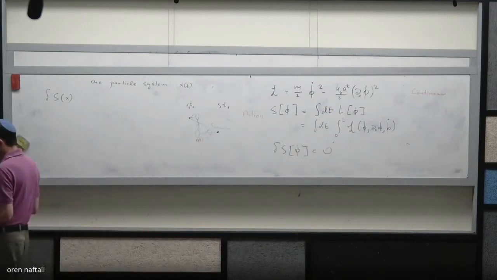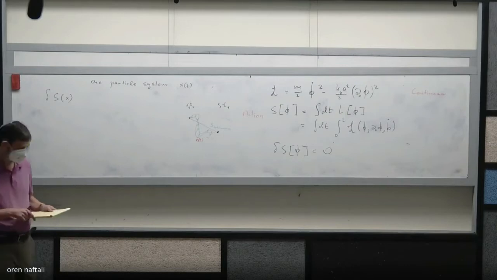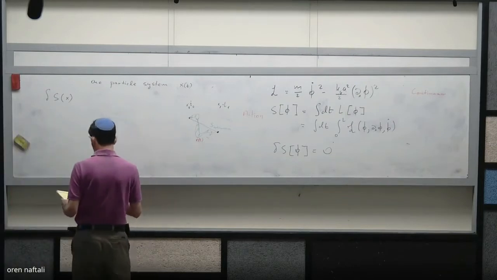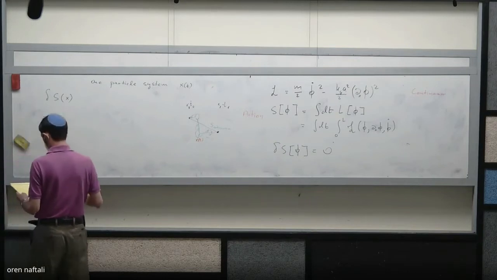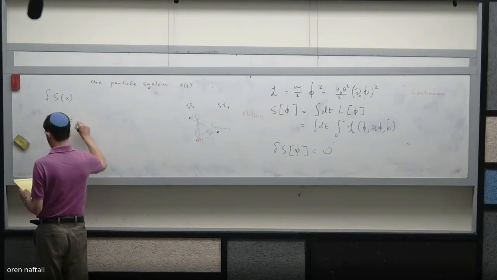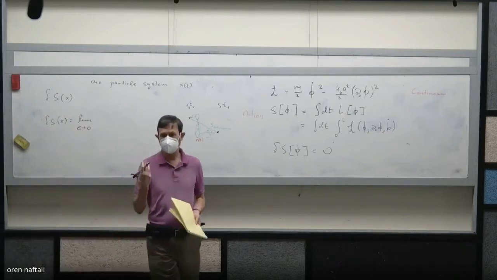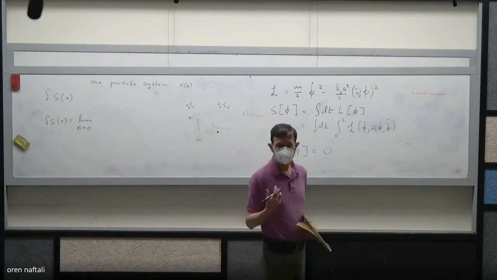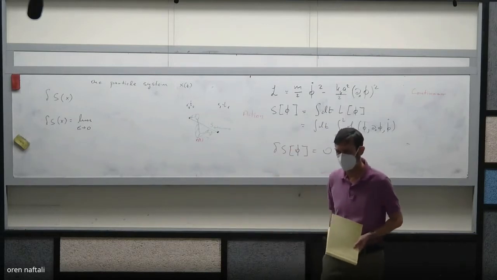Okay, so let's try writing it up. So again, I have this notion of infinitesimal change. So I take an epsilon and take it to 0.